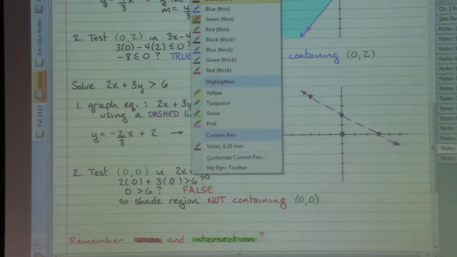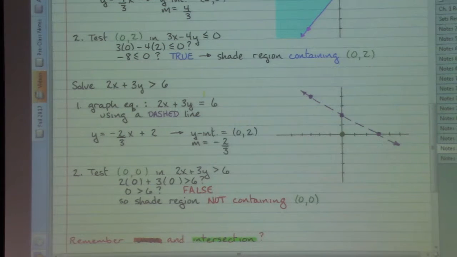Well, the region that does not contain our test point would be the right, or again we could say upper region. So we would want to shade in everything that is to the right or above our purple line.